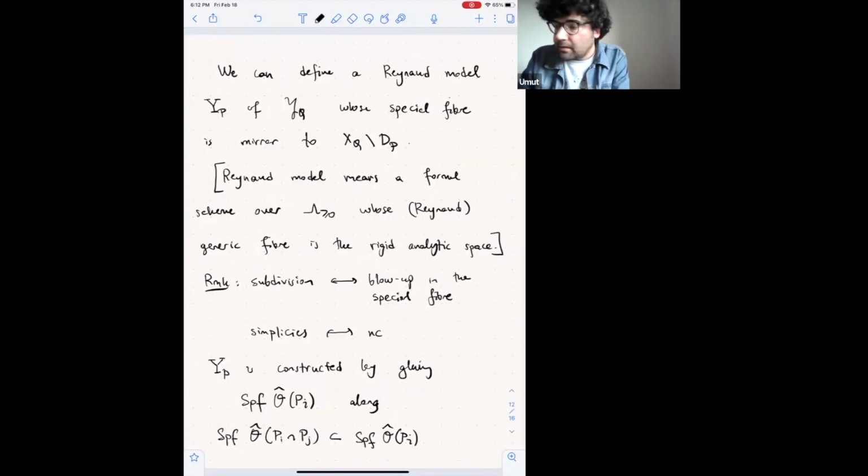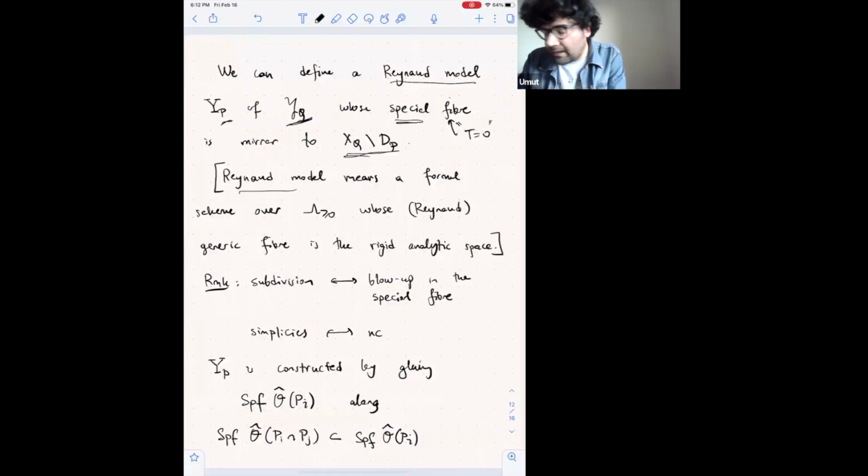And on the other side, given such a decomposition, you can define what's called a Raynaud model of the rigid analytic space that I said, for example, was considered by Abouzaid. And you can do this in such a way that each special fiber of this Raynaud model, which corresponds to setting t equal to 0, should be mirrored to this large volume limit.